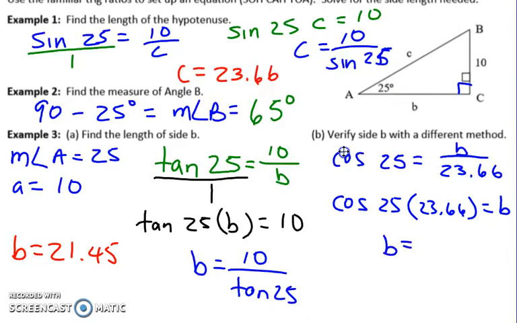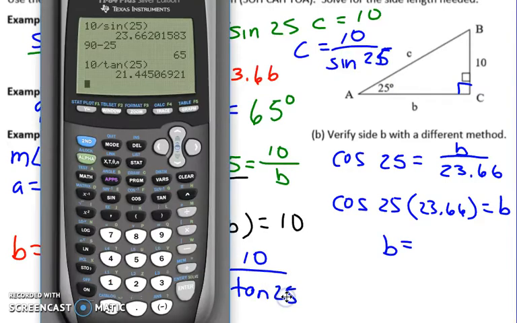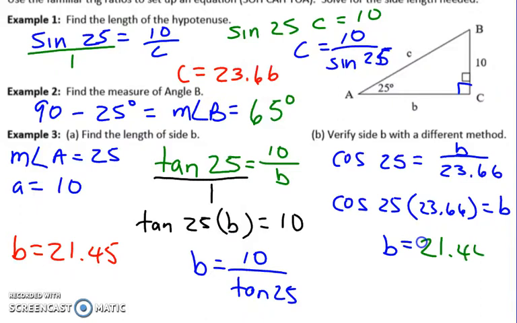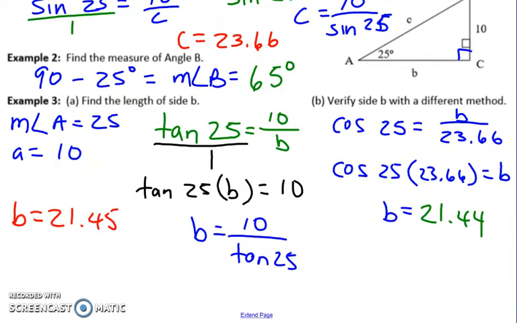We go to our calculators and say cosine of 25 times 23.66. We get 21.44, which kind of verifies what we got because it is still extremely close. All right. The important thing to get from this is that there are going to be multiple ways to get your sides and angles. You just need to make sure you're using the appropriate trig function when you do evaluate.